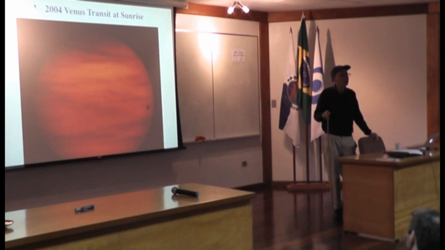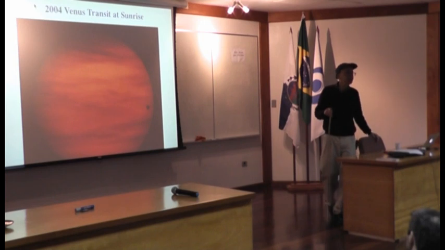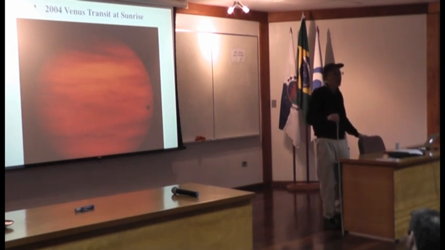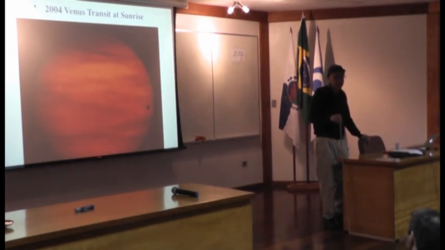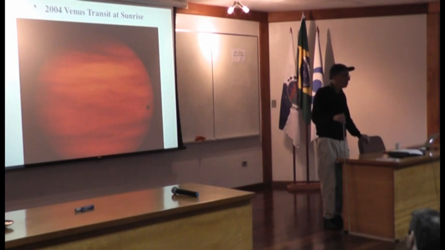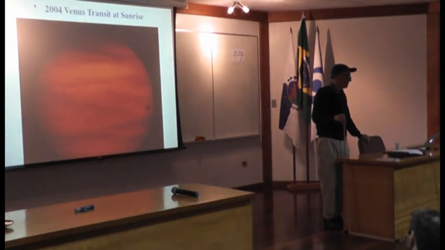Who saw either the 2004 or the 2012 Venus transit? I don't have to ask whether you saw any other Venus transits, because before that, the last one was in the 19th century, the 1880s.